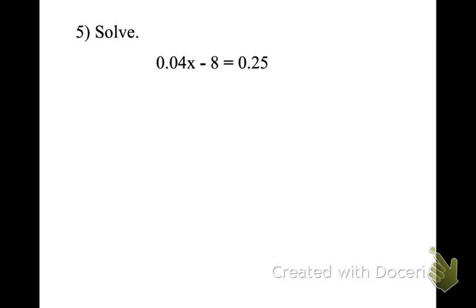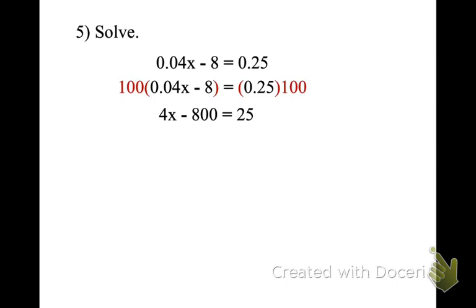What do you think you need to multiply to clear both decimals? Hopefully you guessed 100. We're going to multiply everything by 100 because you have to move it 2 places. Okay? So we get 4x minus 800 equals 25.